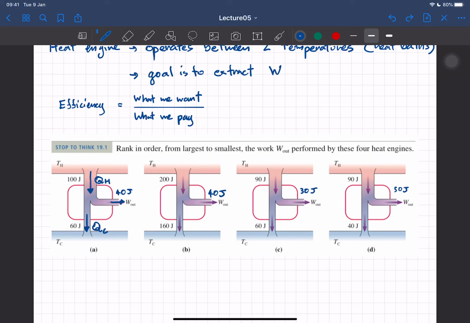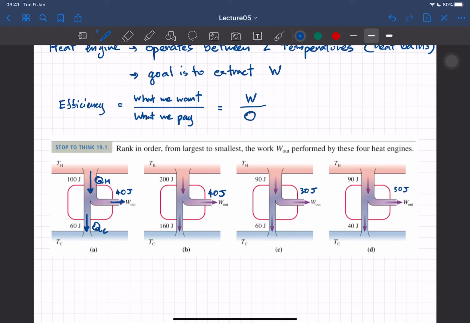So in this case, what do we need to pay? Well, okay, before that, what we want is clear. We want the work done. So that's going to be always what we want. So W is the thing that we want. So what about the denominator, what we pay? Well, what you pay is the amount of heat, which is the energy that you draw from the hot side.